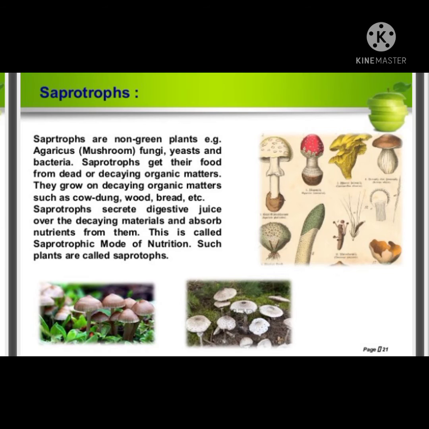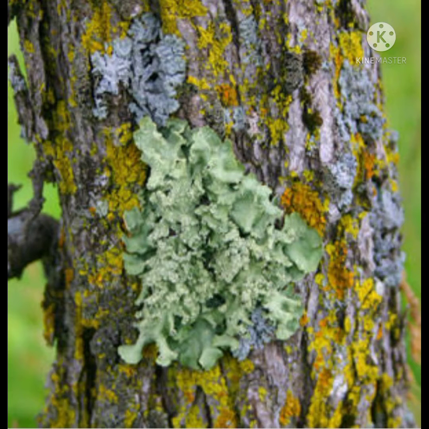Then they absorb water from the substratum and start to germinate and make the fungal body, and they are usually absorbing the nutrients present in the dead matter or decayed matter. They are growing over the dead matter or decayed matter and absorbing the nutrients present over it. This is what is called saprotrophic nutrition, and these organisms are called saprotrophs.